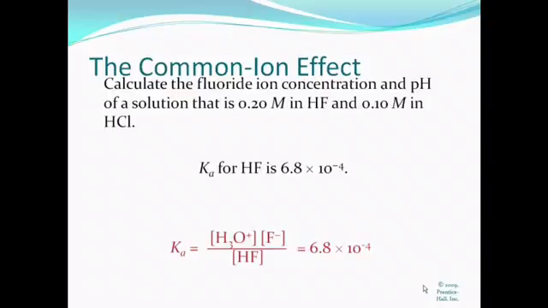So HF is a weak acid, and HCl is a strong acid. HF will only partially ionize because it's a weak acid, so that's the one we're going to have to concentrate on. You should look up the Ka value for HF.